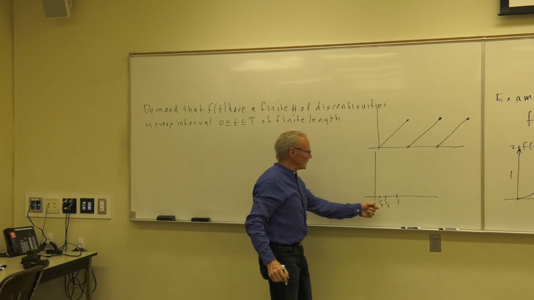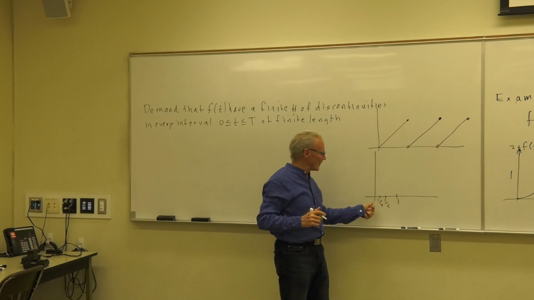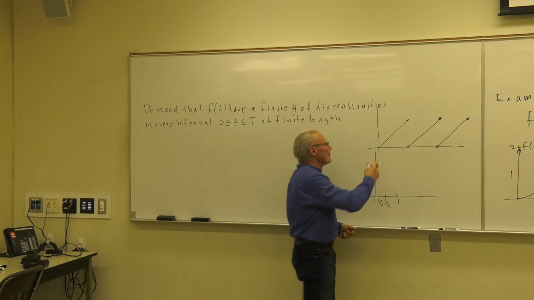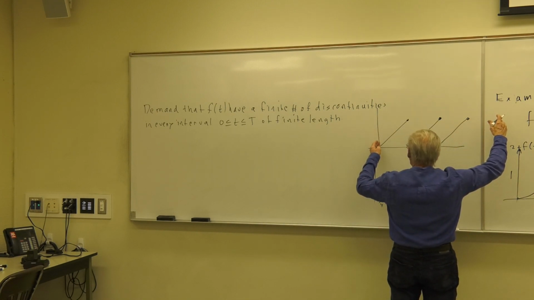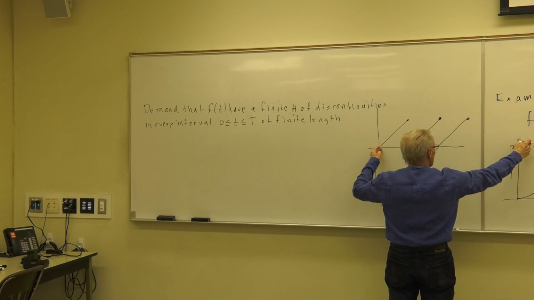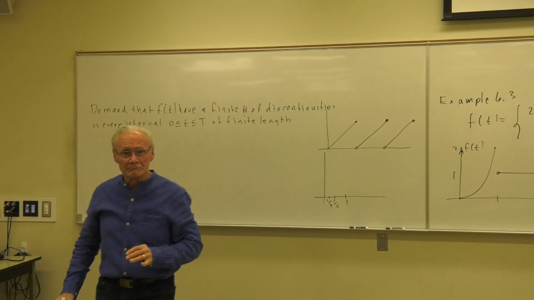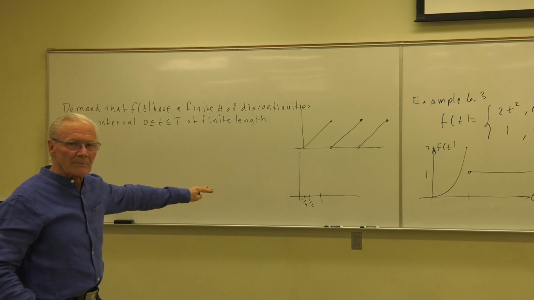So this function would not satisfy that criterion. It's got an infinite number of discontinuities between 0 and 1. This one would be allowed. You take any interval from 0 up to somewhere, and there's only a finite number of discontinuities. So I'll allow that one, but I'm not allowing that one.